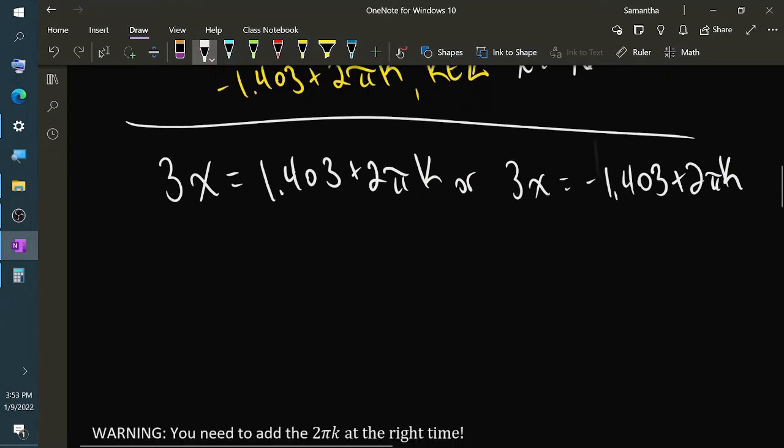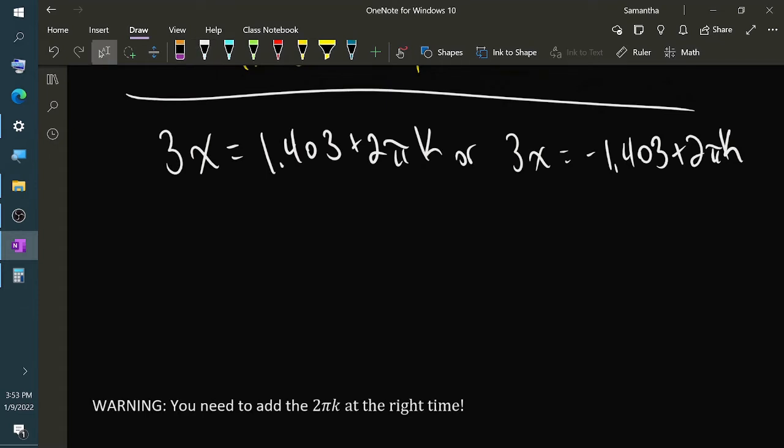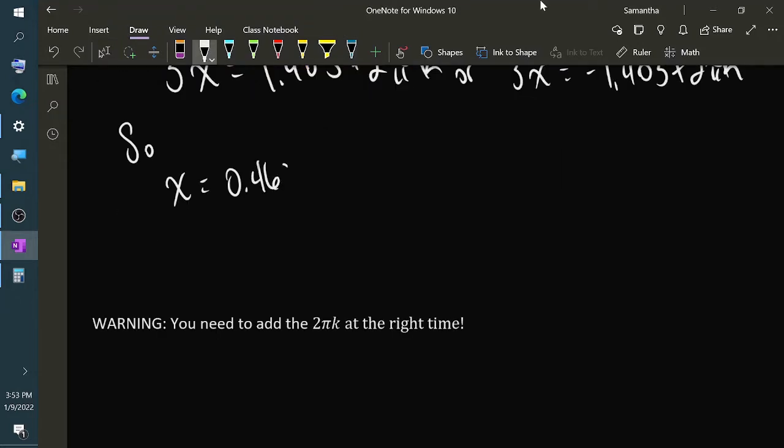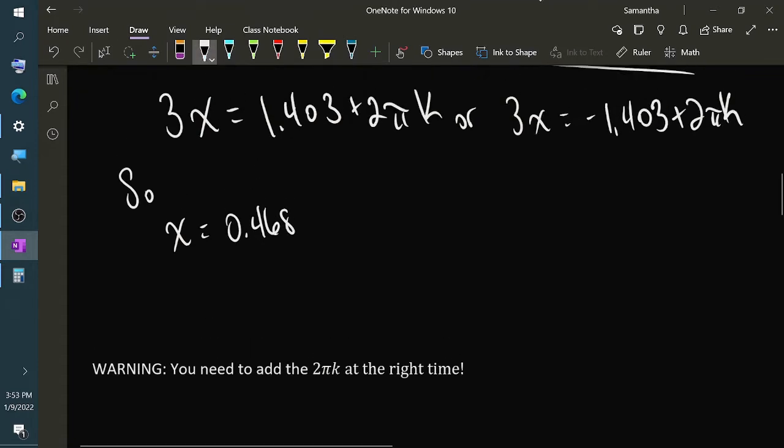So now, to find the actual values of x, the next thing that I'm going to do is divide everything through by 3. And dividing the 2 pi k by 3, I get 2 pi k over 3.